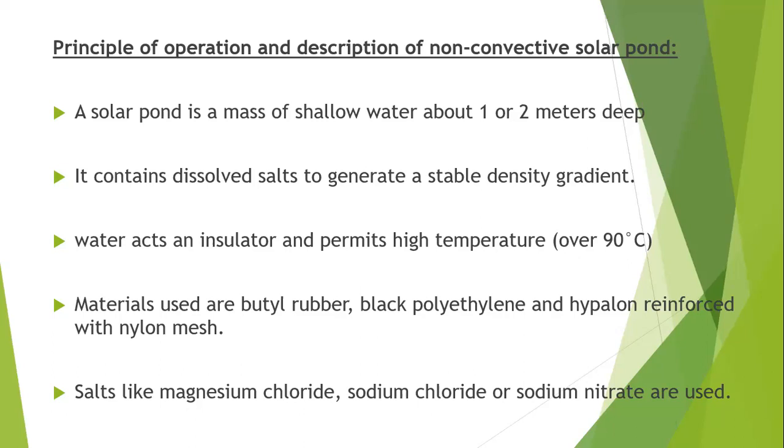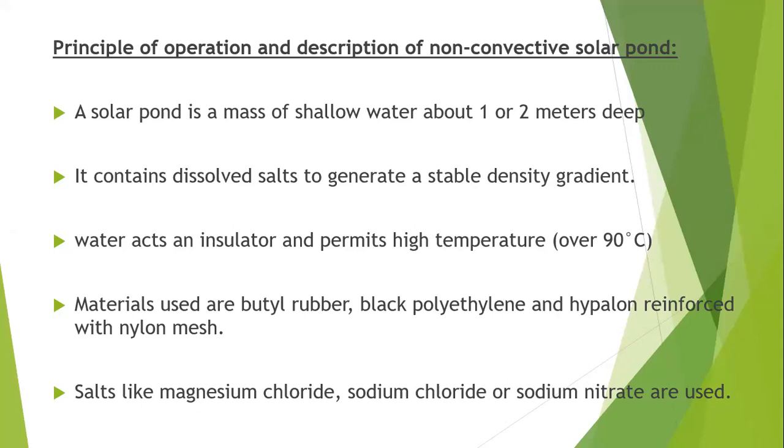When we add the salt, thermal expansion in the hotter layers is insufficient to destabilize the pond. The denser, warmer water that gets heated at the bottom cannot rise up. So the heat is lost only from the lower layers, and only by conduction.